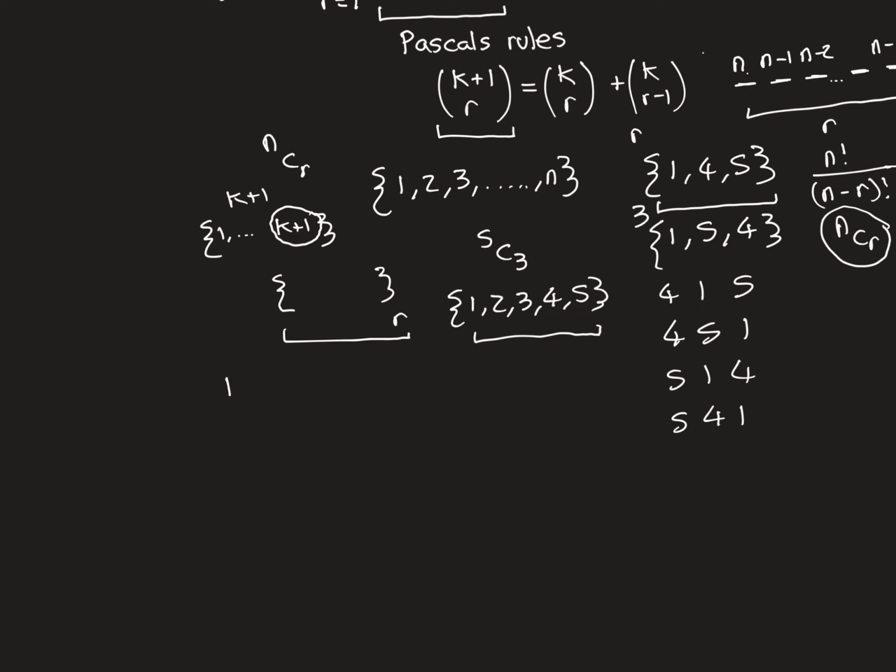So this number, whatever it is, k plus 1 choose r, which is the number of subsets that you can create of r things from this set of k plus 1 things, is going to equal the number of sets that contain k plus 1, plus the total number of possible sets that you could create without k plus 1.